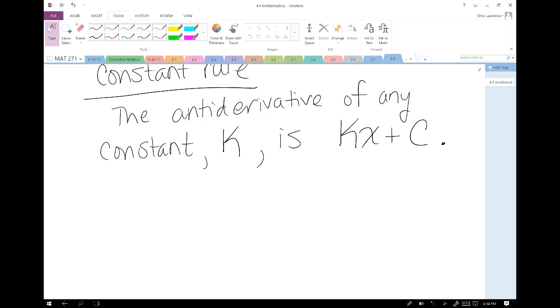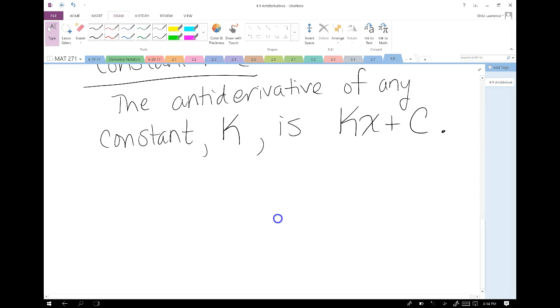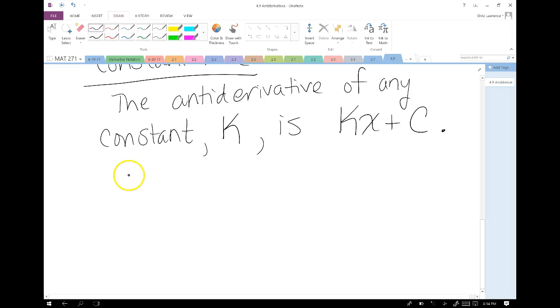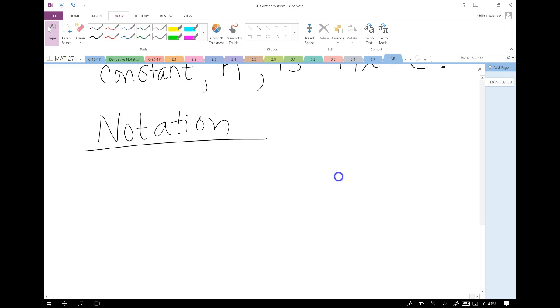So some little bit of notation here. A couple of different ways that we could be presented these types of problems, and there's 3 different ways I'm going to write this, and they all mean the exact same thing.